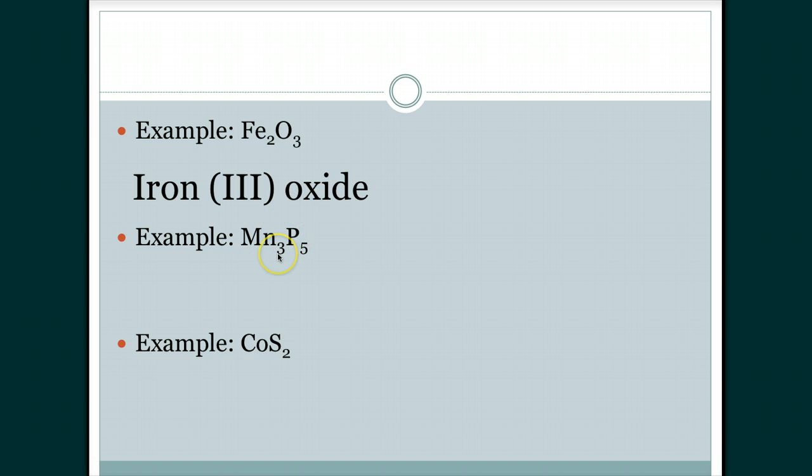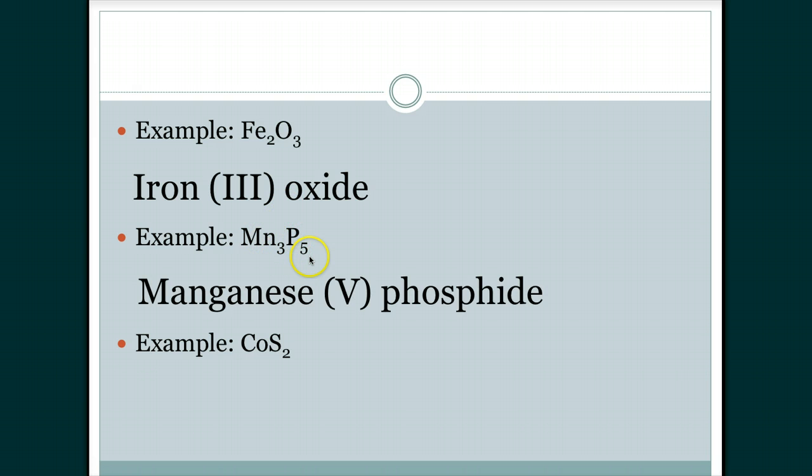Again, crisscross. You can see that it's manganese(V) and phosphorus will become phosphide instead of phosphorus. We chipped off the ending of the word phosphorus and added IDE to it.